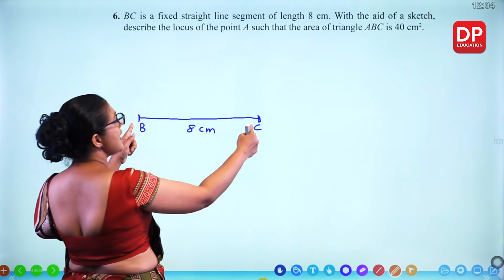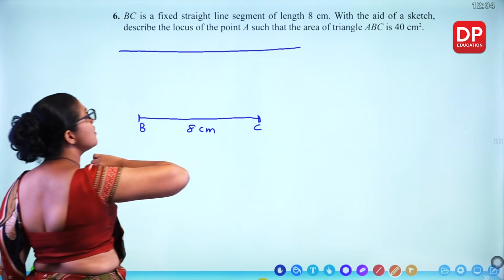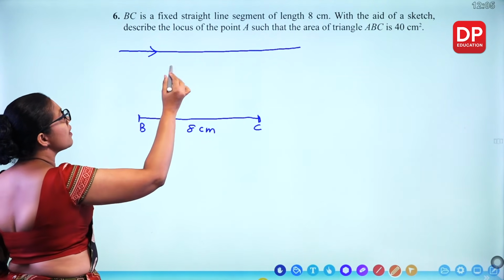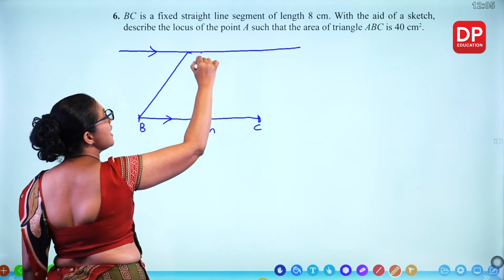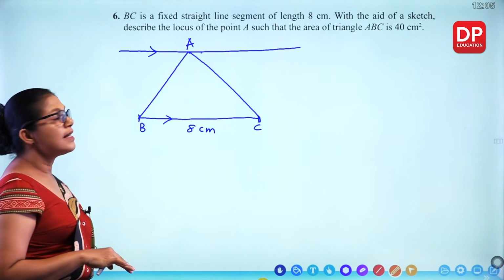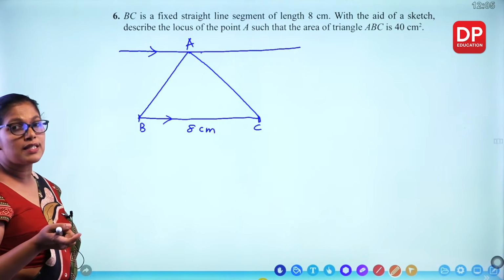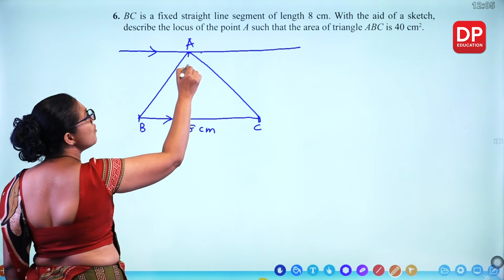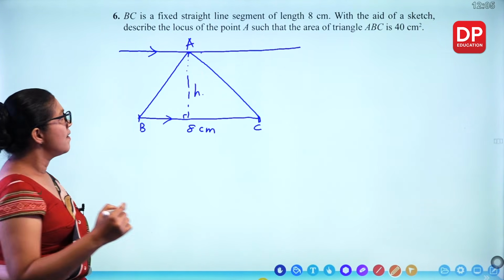So if you take same base and any parallel line to this, we can find any point A. To get area 40, what should be the perpendicular height?